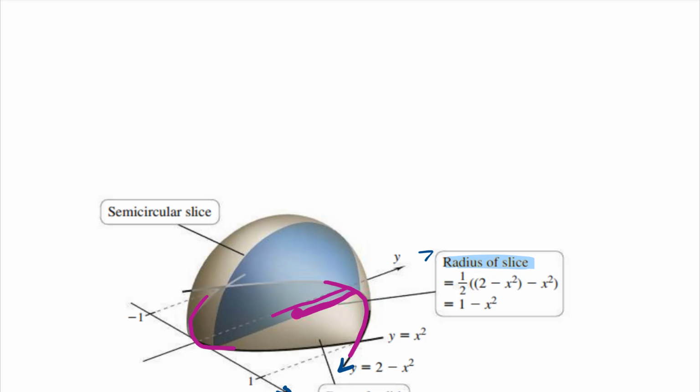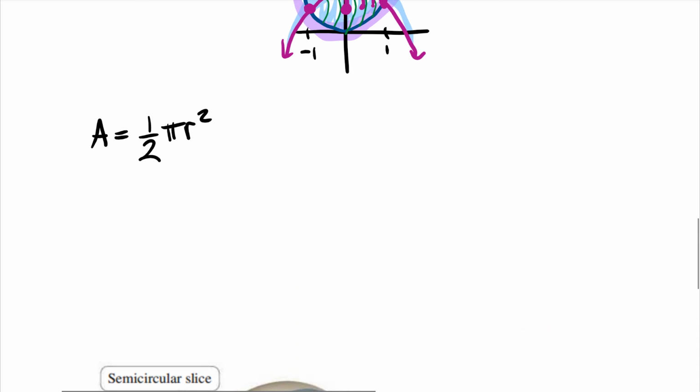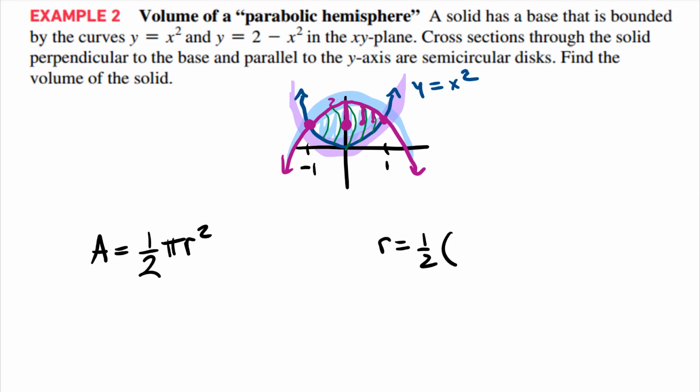The difference in those heights. So the radius is equal to 1/2 of the top one, 2 minus x squared, minus the one on the bottom, x squared.